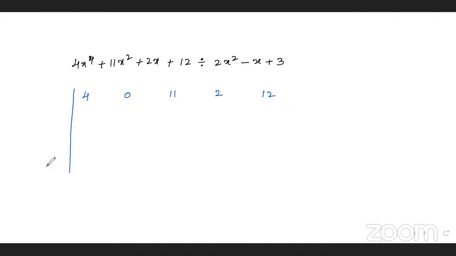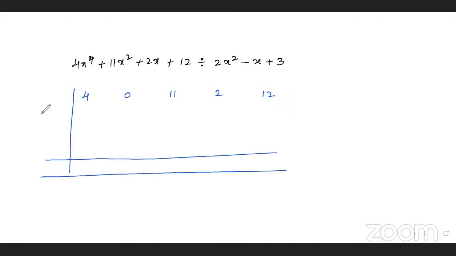Now see, my modified divisor will be here plus 1 minus 3. Then the main divisor will be 2. After 2 terms, I am drawing the line. So first I am dropping the 4. 4 divided by 2, that gives 2.